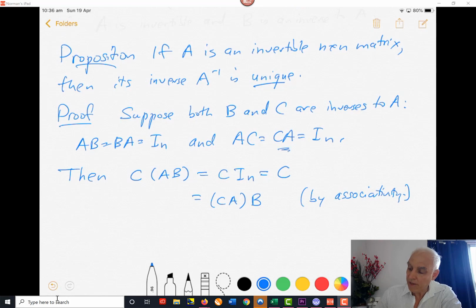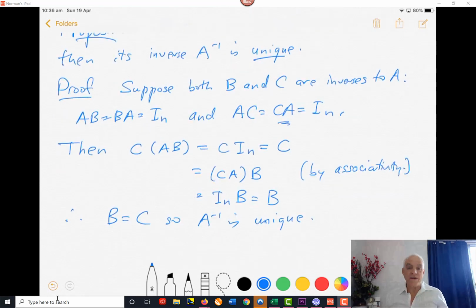Well, C times A is the identity matrix again. So that's I sub n B. And then the identity matrix times any other matrix on either side will be that other matrix. So we're getting B. So in this chain of equalities, we conclude that B equals C. So A inverse is in fact unique.